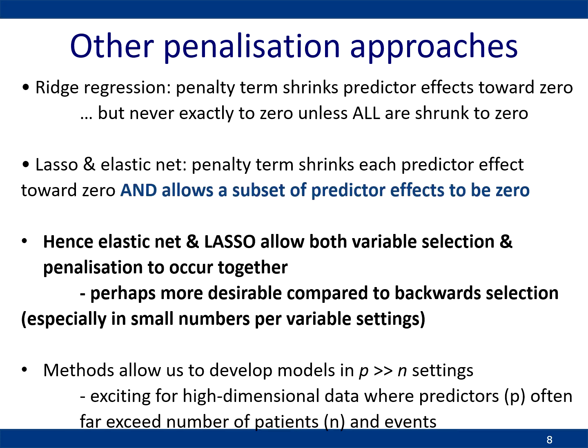Now, these models are actually all part of the same family, which we'll come on to in a minute. But in brief, ridge regression is allowing, through the penalty term, predictor effects to be shrunk towards zero, a bit like the uniform shrinkage factor approach, but it will never shrink them all the way to zero unless every single predictor effect is shrunk to zero.